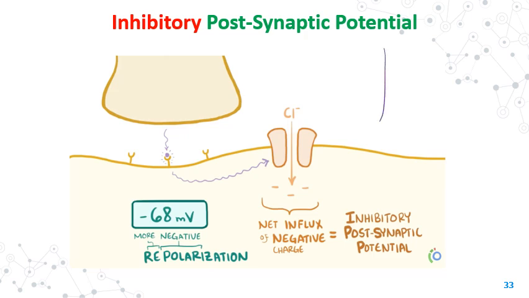Here is your resting membrane potential. If you add more negative stuff, you're going to go lower than your resting membrane potential. This is going to be more negative. If you have a positive thing going in, then you're going to go more to the positive side. So excitatory goes to the positive, inhibitory goes to the negative, which is pretty much intuitive.